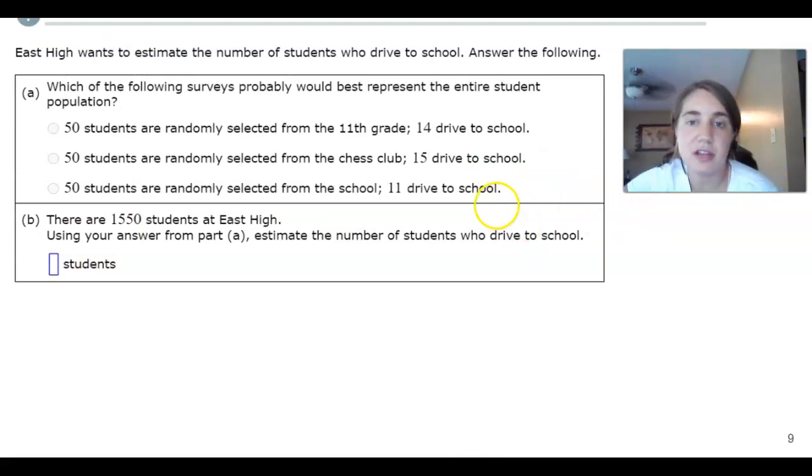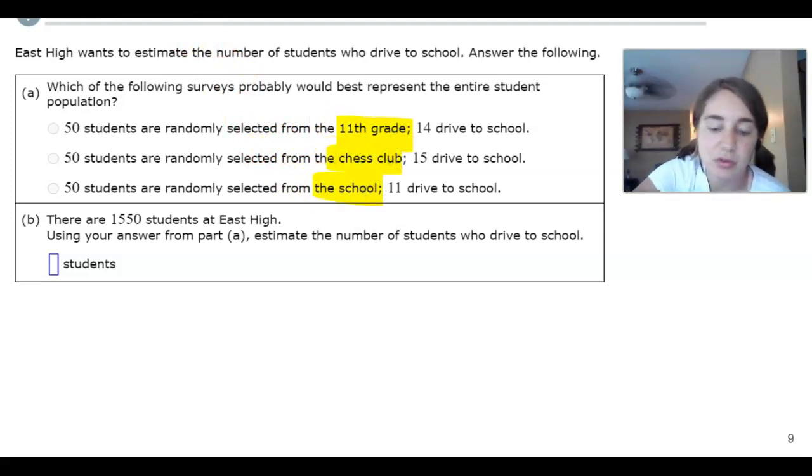This problem is similar to the last one. It asks us, East High wants to estimate the number of students that drive to school. I am either pulling from the 11th grade, the chess club, or from the school in general.